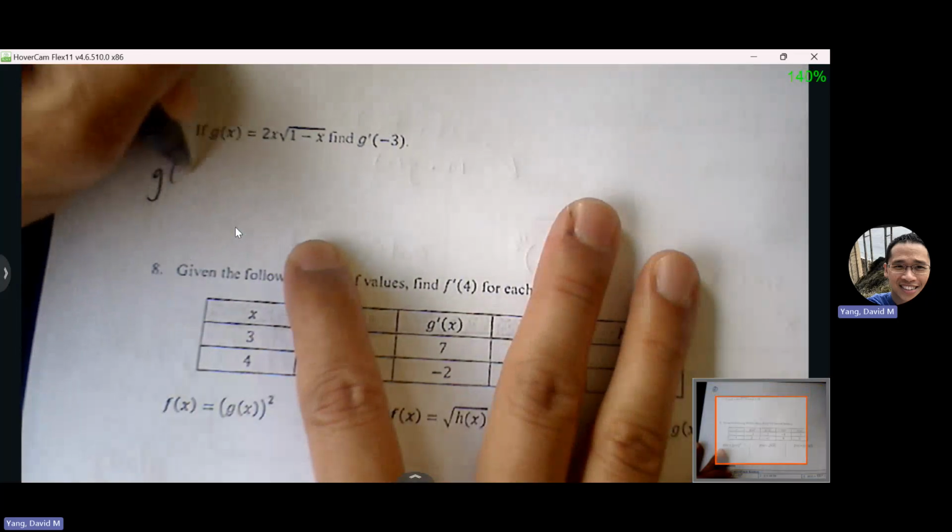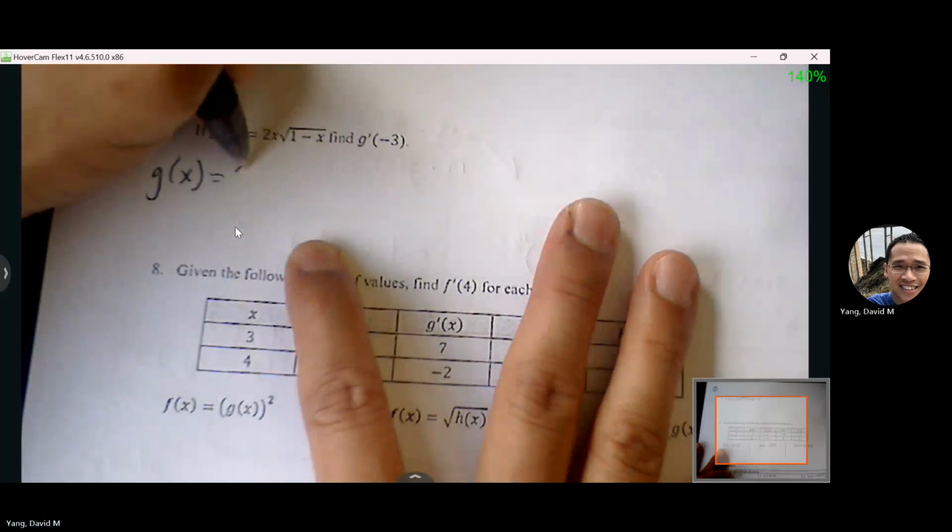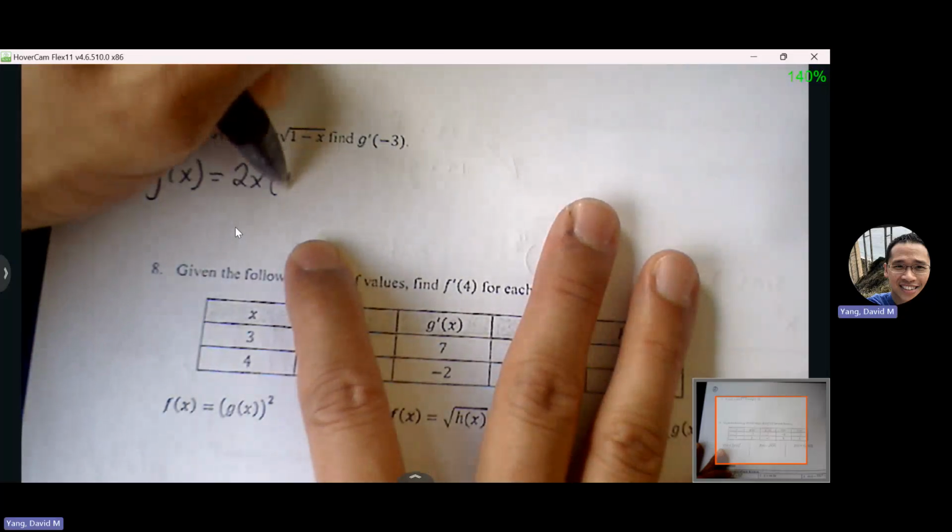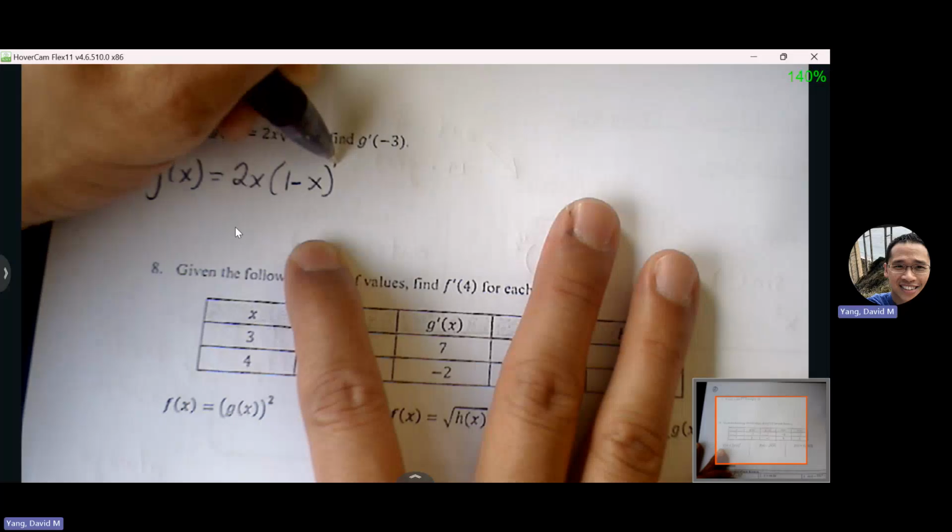So let's rewrite this as g of x equals 2x and then parentheses 1 minus x to the 1/2.